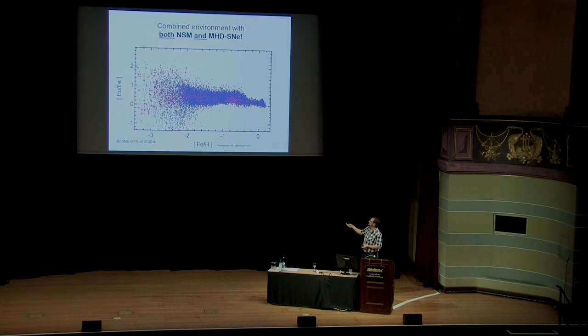So we can reproduce the scatter at very low metallicities, but also the quenching of the scatter here, and also the second quenching of the scatter that occurs over here.